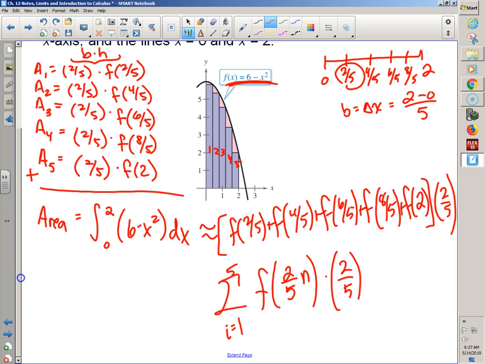Now, yeah, Kyle's totally right. I have an i, n is my top guy. I guess I should do i. Is that going to do what I want it to do? 2/5, and then 4/5, and then if I plug in 3, 6/5, 4, 8/5, 5 would be 10/5. Times 2/5. Can you guys plug sigma in?